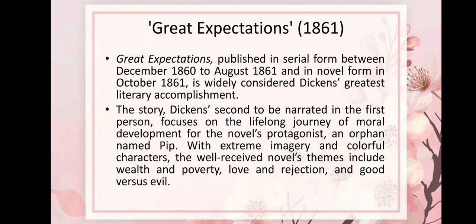This story, which was Dickens' second story to be narrated in the first person, focuses on the lifelong journey of moral development for the novel's protagonist, who is an orphan boy again, Pip. With extreme imagery and colorful characters, the well-received novel's themes include wealth and poverty, love and rejection, and good versus evil.